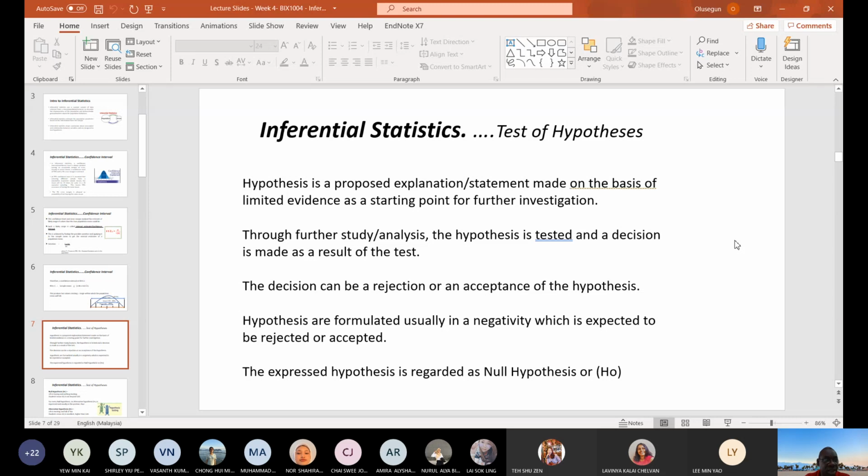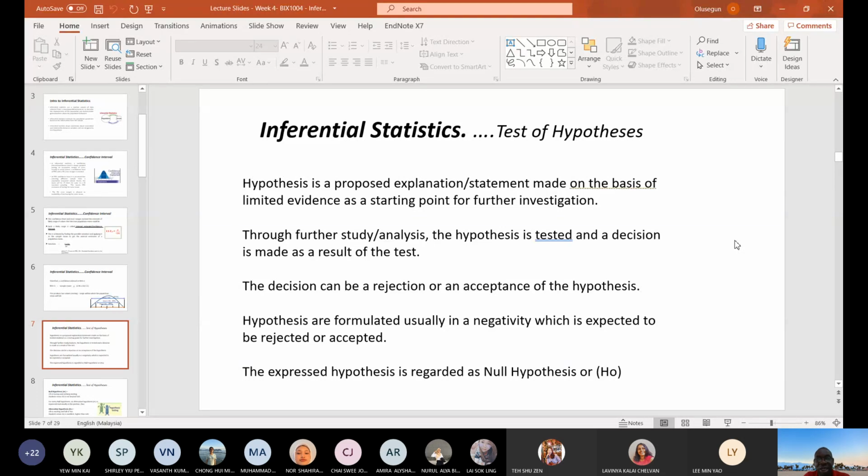So here, the position is that we want to test whether everybody in class has a diploma.